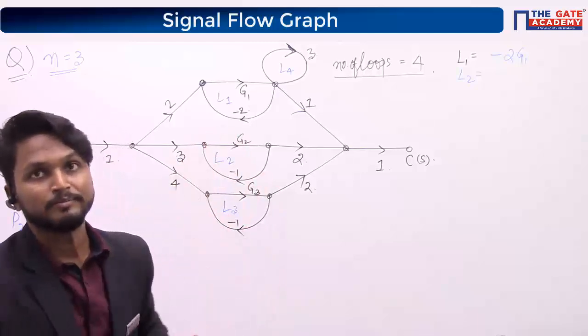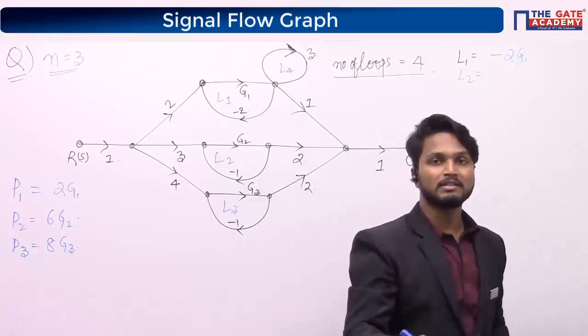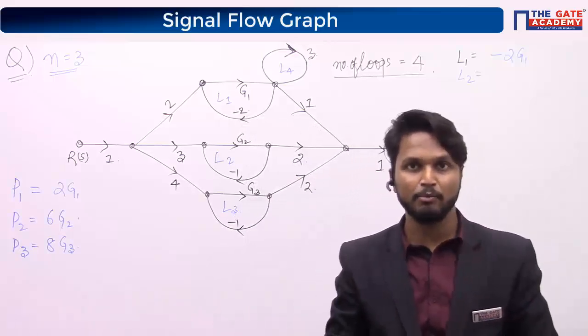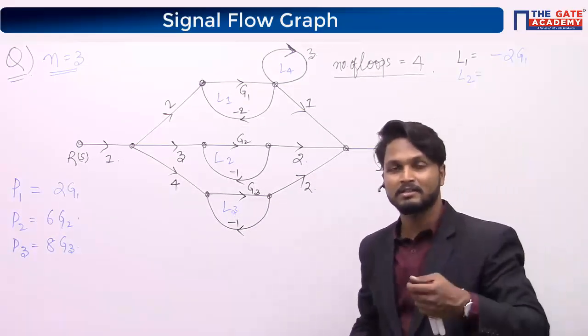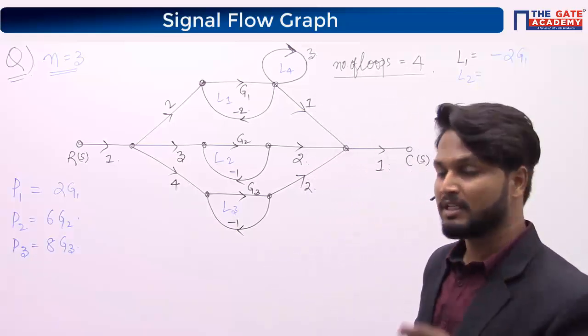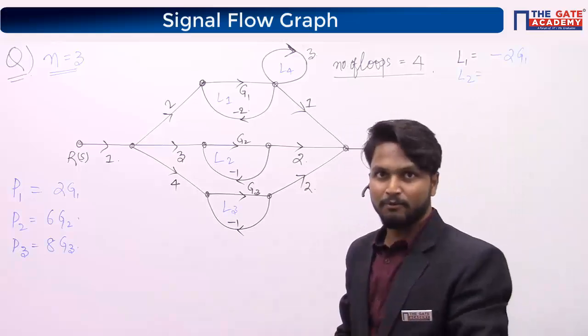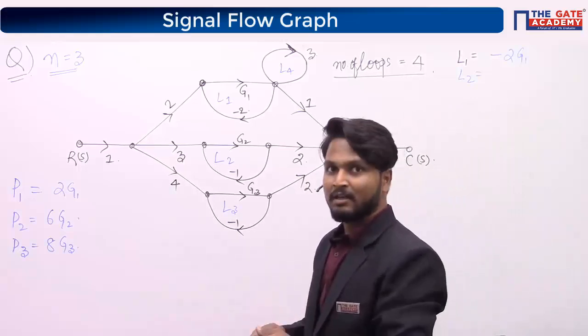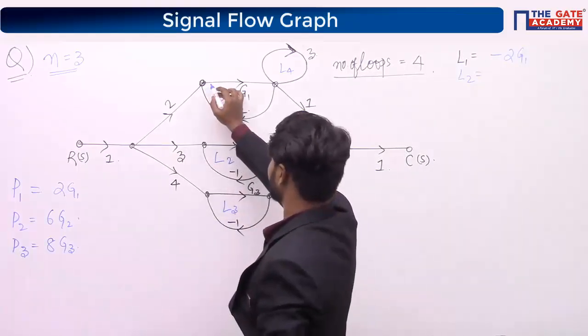Is it clear? It should start at the same node and end at the same node. Don't consider that particular node as repeating. You can say this node is repeating for the self loop also.